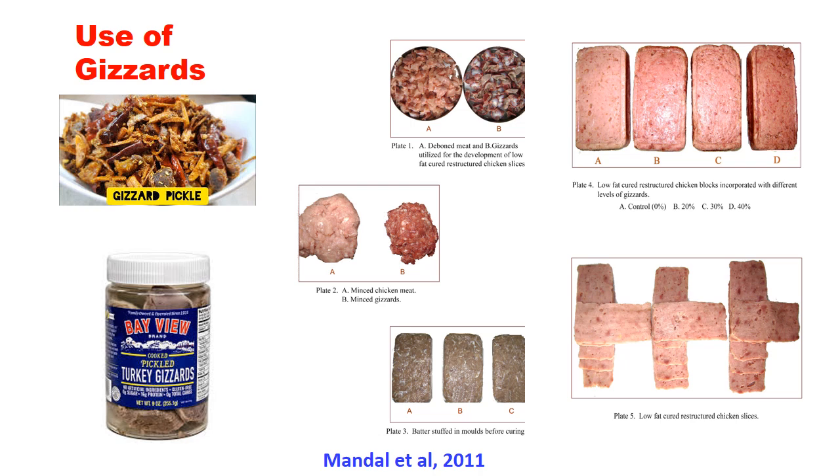This is a delicate item and very popular among many consumers, or in Western countries. Similarly, we have done some other research on using this gizzard in making chicken blocks.